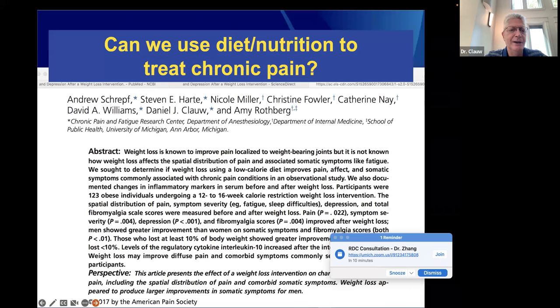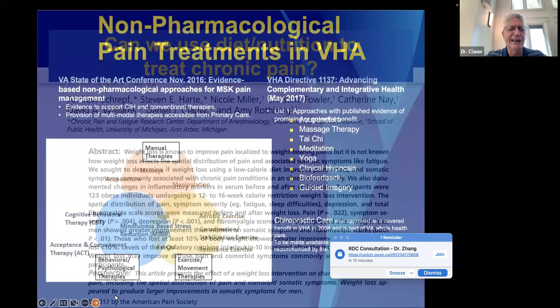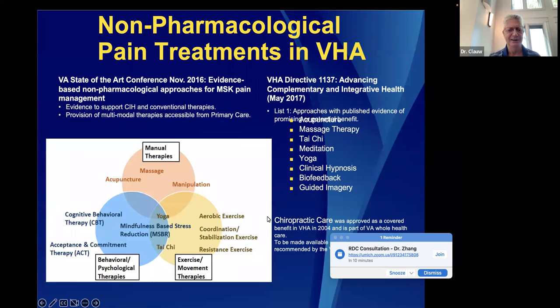Help improve the overall management of pain. We're also doing a lot of work now on diet and nutrition. We think that caloric restriction or low calorie diets might be helpful, especially in people with these nociplastic pain conditions. And I like ending with this slide here. The VA and the DoD healthcare systems in the United States are the most forward thinking with respect to pain management.